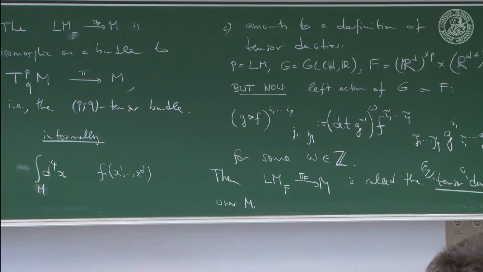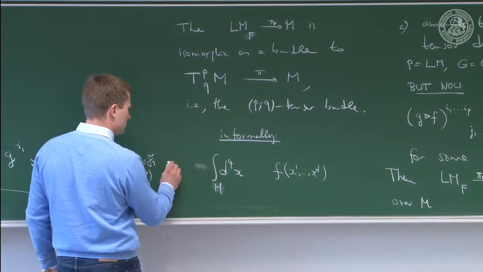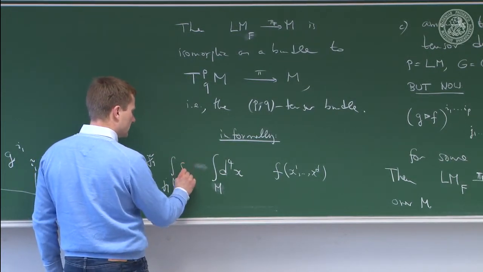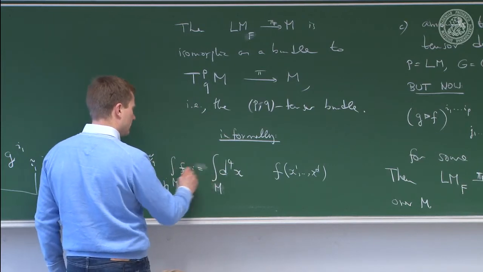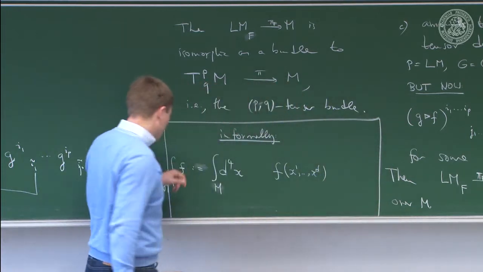If it's not, we have to do a partition of unity and so on. But let's assume it is, and you want to calculate the integral of a given function over the entire manifold. So you want to define something like the integral over the entire manifold of a function f. Okay? So that's something you want to write.